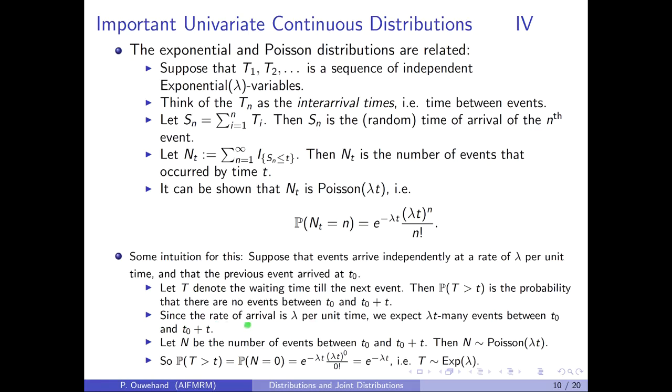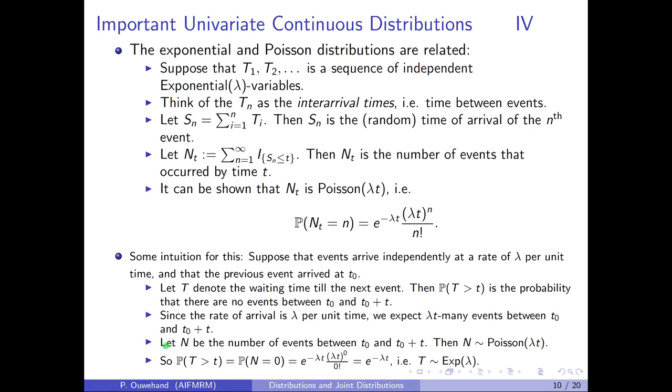Since the rate of arrival is lambda per unit time, we expect lambda t many events between time t0 and t0 plus t. Let n be the number of events between t0 and t0 plus t. Then we know that n is Poisson distributed with parameter lambda times t.